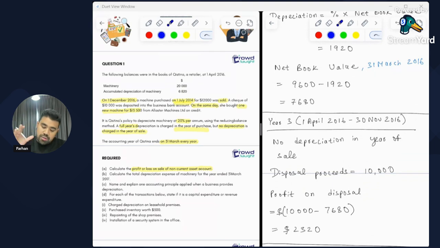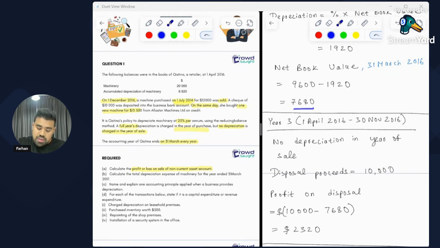So right before the disposal, the machine had a remaining net book value of 7,680, which means this was the economic benefit that was still left within the machine for us to use and consume for revenue generation purposes, right? So the machine still had $7,680 worth of value left.